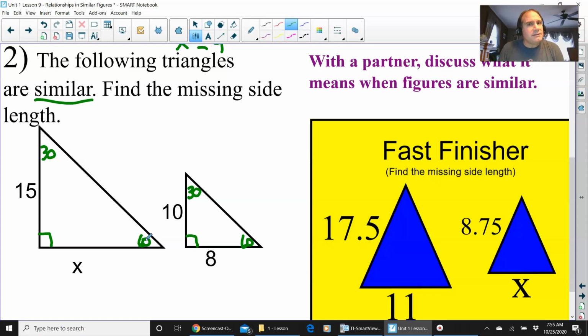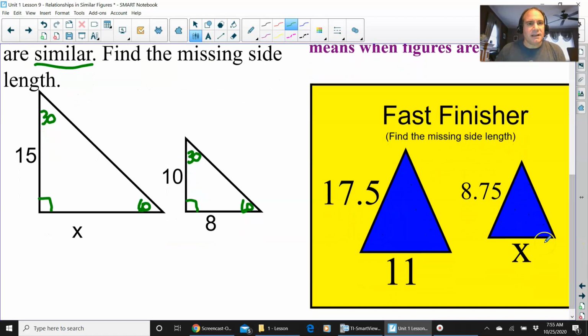So that means that they're different measures. So you have 15 and you have 10. You have x and 8. So the rule is in similar figures, corresponding sides have to form equal proportions, equal ratios. So we have to figure out and match up the corresponding sides in a proportion and then solve for x.